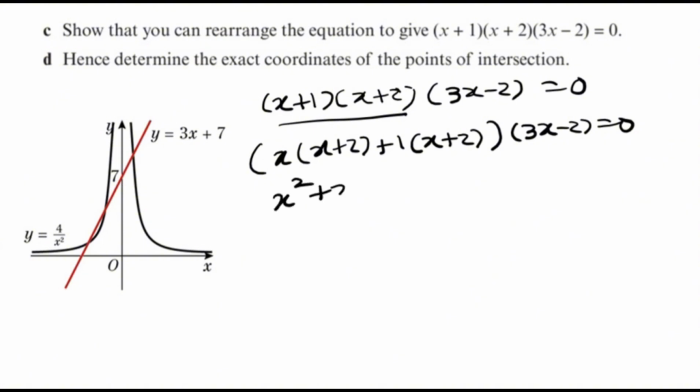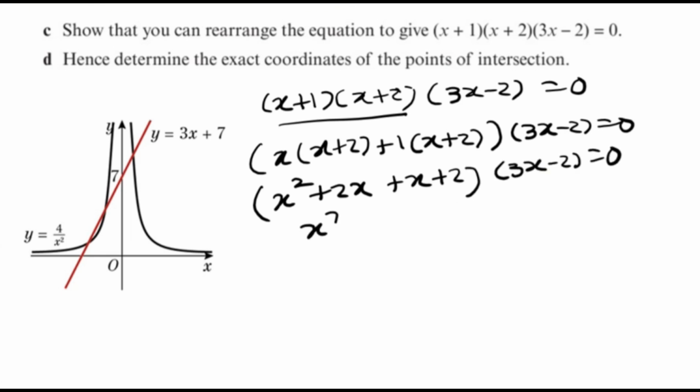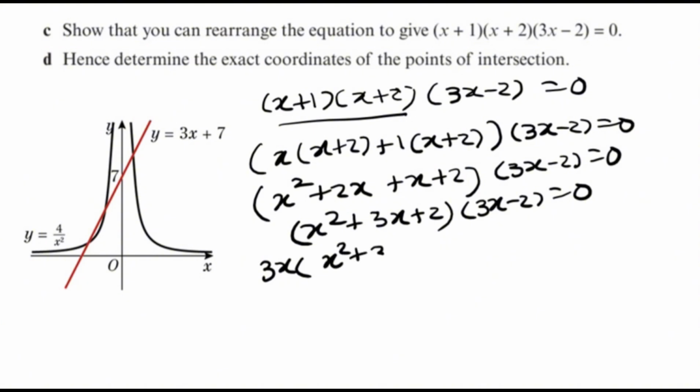So x squared plus 2x plus x plus 2, into 3x minus 2 equal to 0. So x squared plus 3x plus 2, 3x minus 2 equal to 0. Now again we have to expand these 2 brackets. So 3x into x squared plus 3x plus 2, minus 2 into x squared plus 3x plus 2, equal to 0.